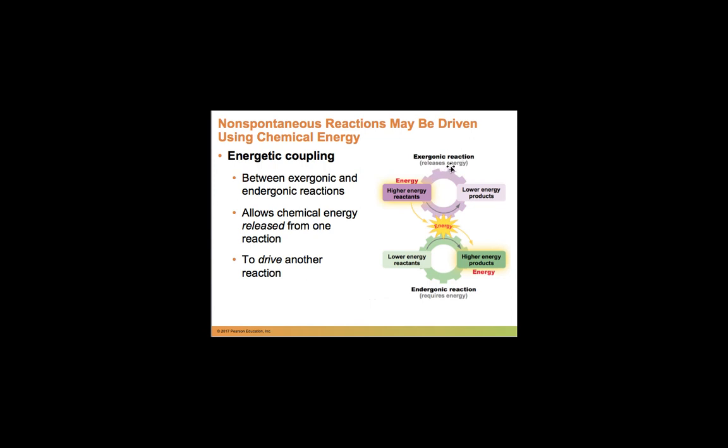That released energy can then go on to drive an endergonic reaction, because endergonic reactions require energy. An endergonic reaction is going from a low energy reactant to a high energy product. So energetic coupling is explaining how exergonic reactions are going to supply the energy needed to drive an endergonic reaction.